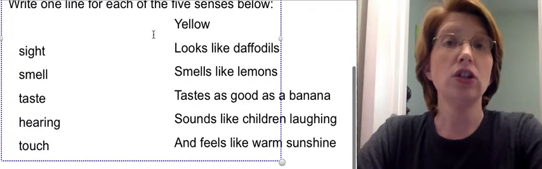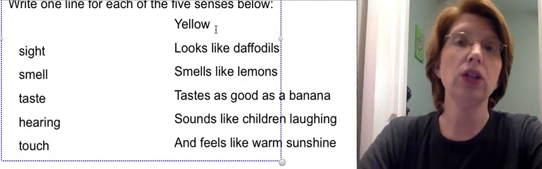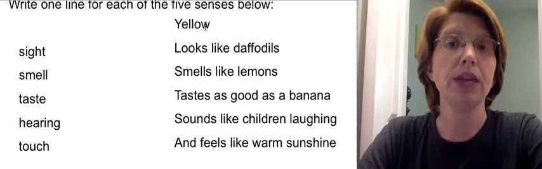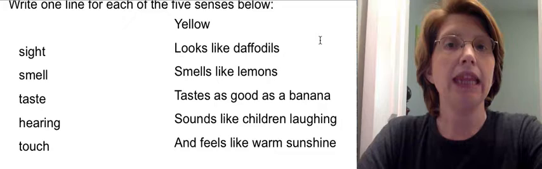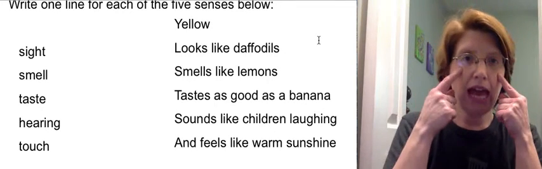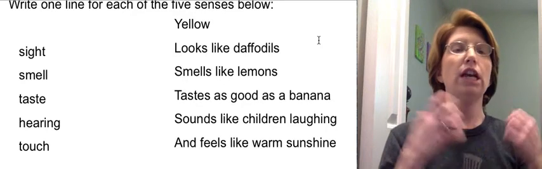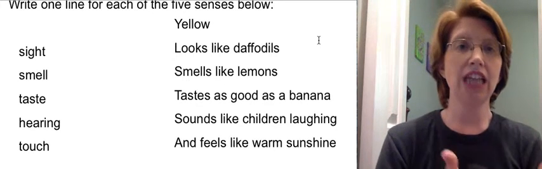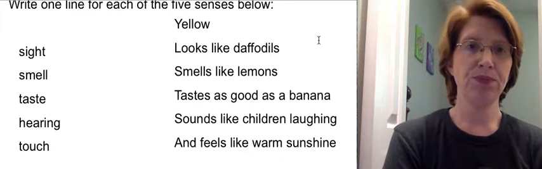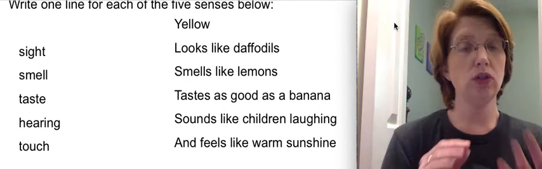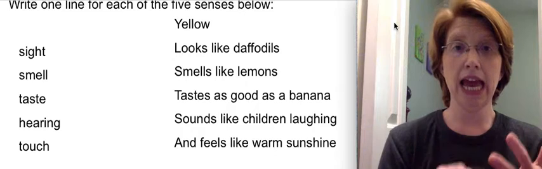So we start, and this is the example in your book, we start with the color word. So that's the title, yellow. And then we give something that we can see that's yellow. So what does yellow look like? It looks like daffodils. Okay, looks like. And we want to use those simile words, like and as.